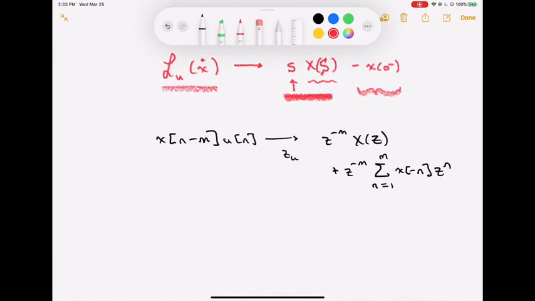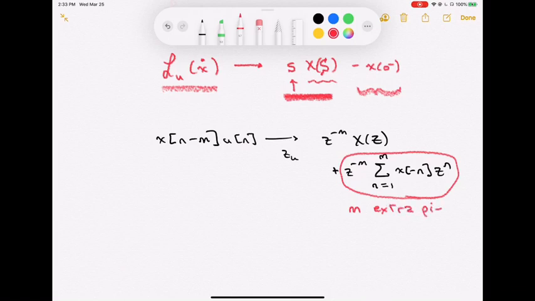And so what we find out is that this set of extra terms, right? There are m extra pieces, and what they involve are things like x of minus 1 and x of minus 2, going all the way out until we hit x of minus m. Those are the initial conditions for an mth order delay or an mth order system.